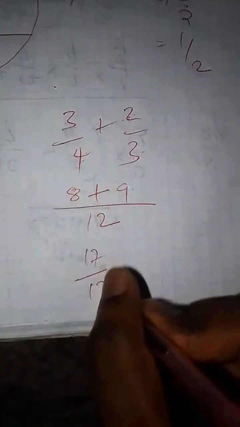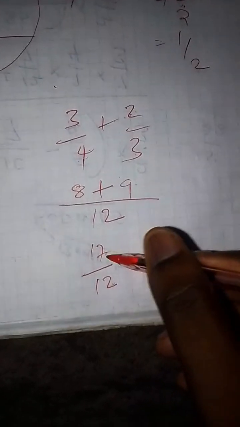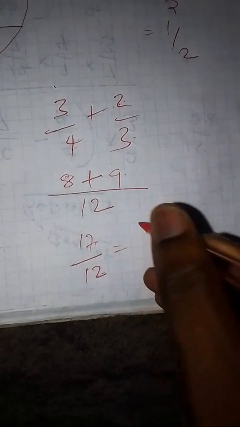17 over 12. Then once you get 17 over 12, you don't leave the answer as 17 over 12. It will be wrong when you leave it this way. So we are going to simplify it. We say 12 goes into 17 how many times? Once. That gives us 12.